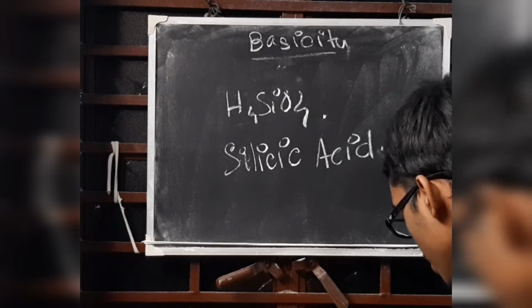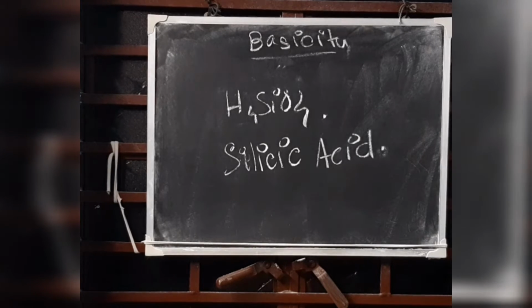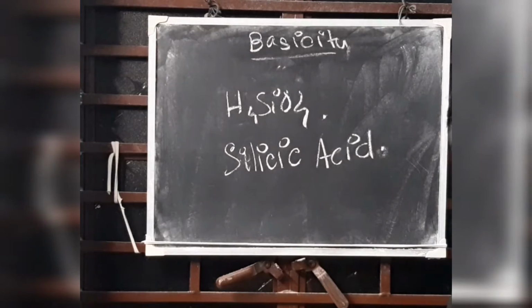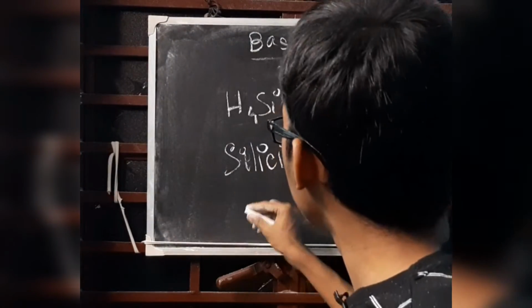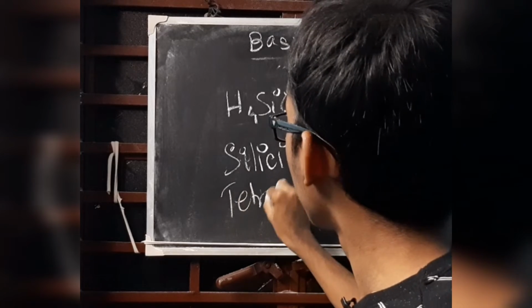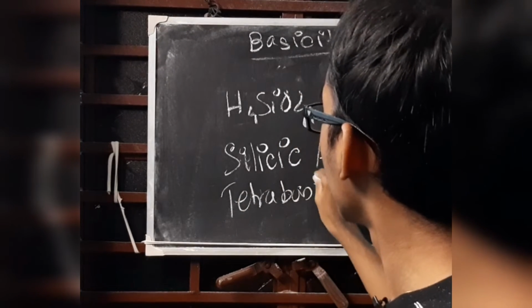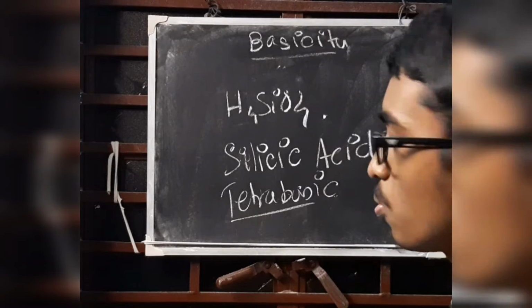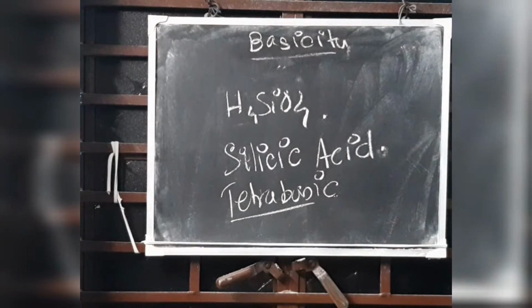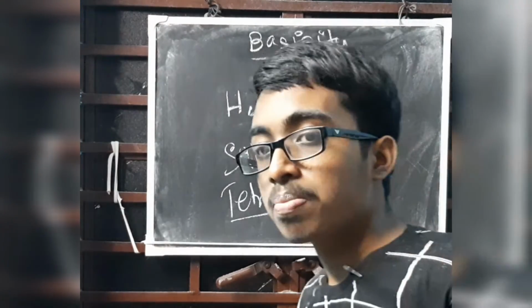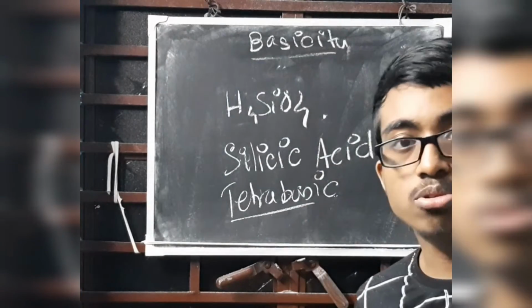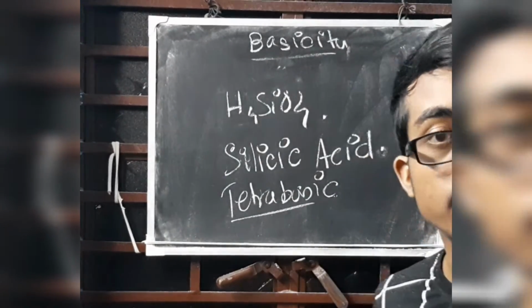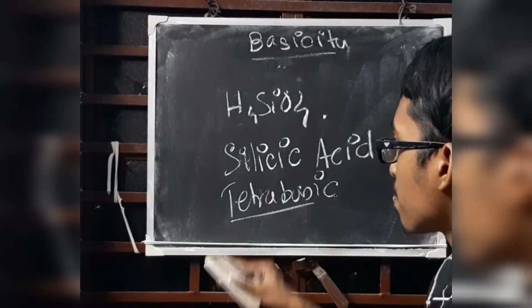Silicic acid is the acid which has tetrabasicity, basicity 4. It is tetrabasic. Monobasic, dibasic, tribasic, and this is tetrabasic. Clear? Now we name acids with basicity 2 or more than 2 as polybasic. Clear? Okay.